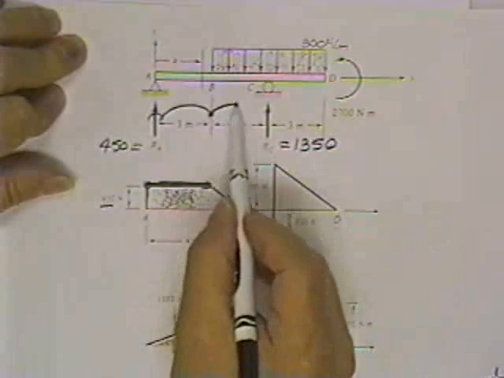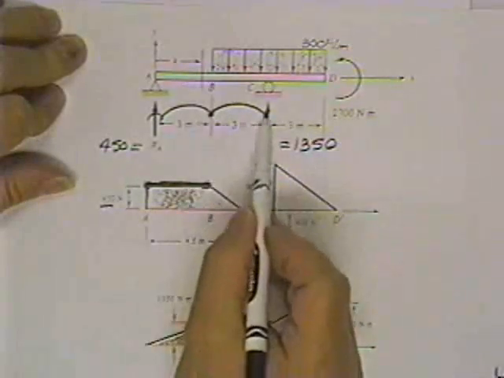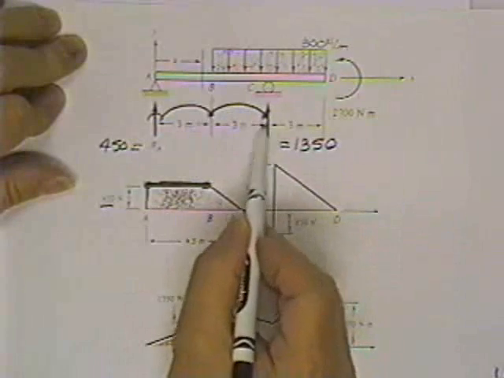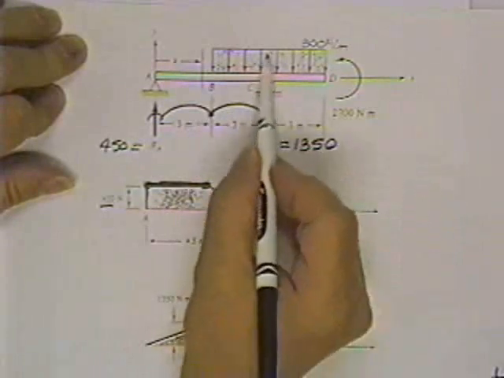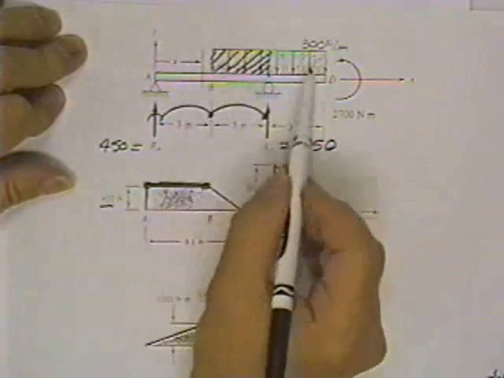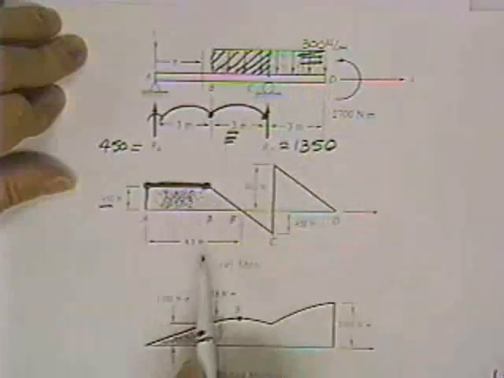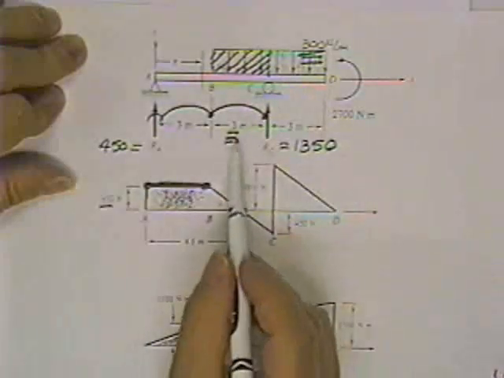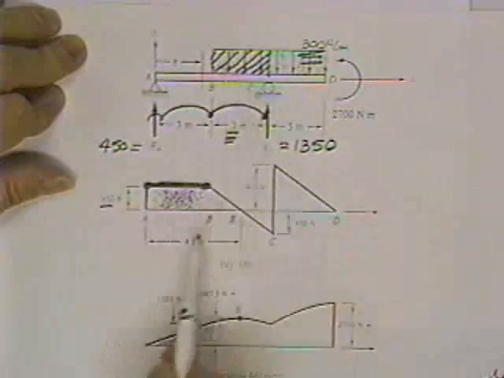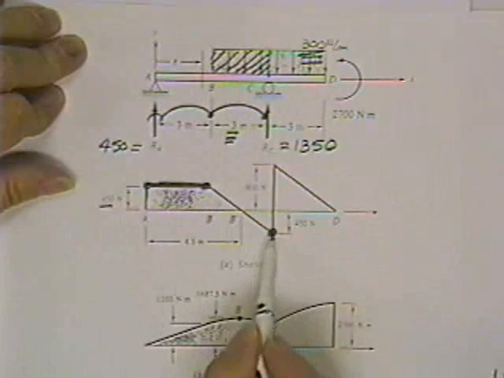As you go from B to C, you can't go any further because there's a guy here who wants you to do something special. So you'll cover only this much of the load. That area will be 300 tall by 3 meters wide. That'll be 900 negative pointing down. You'll notice if you're at 450 now, you're at 450 below, that's 900, so you'll put this point just to the left of point C.